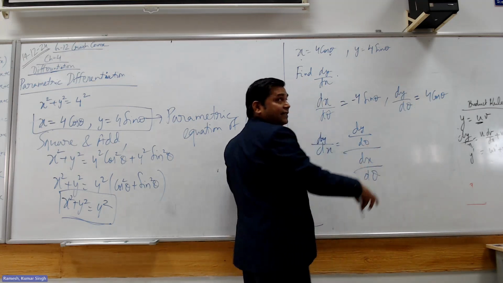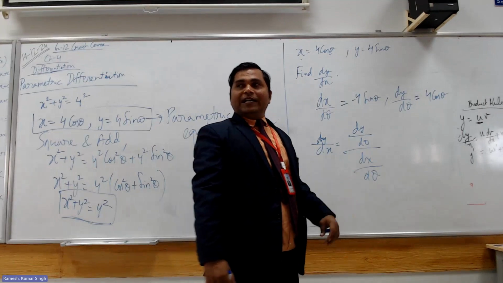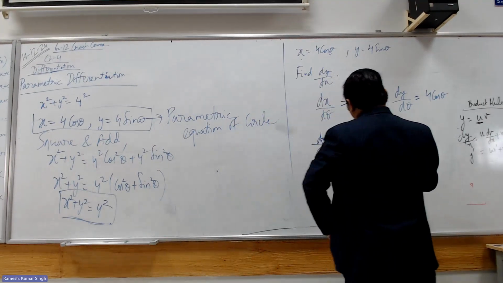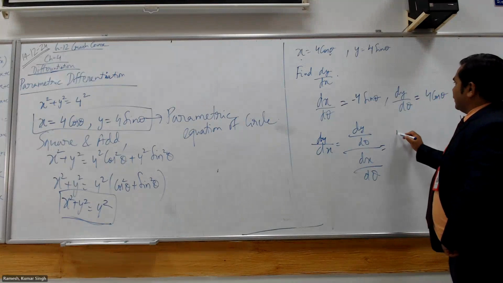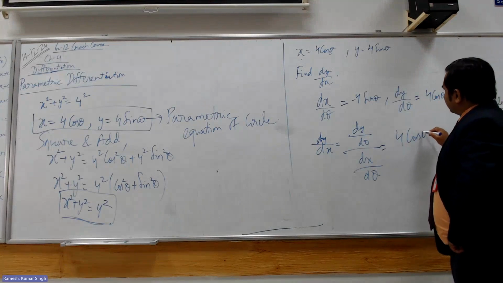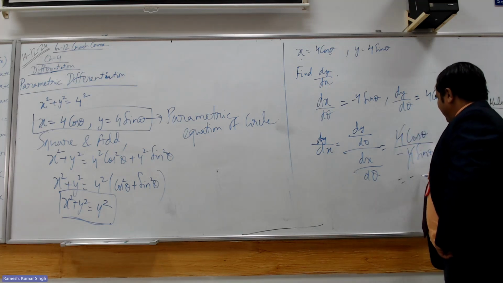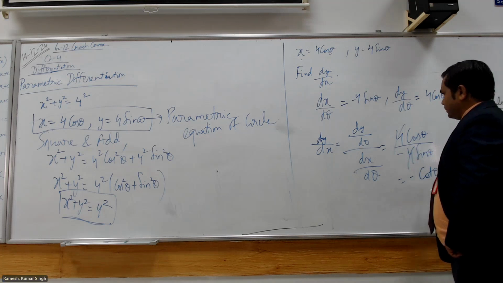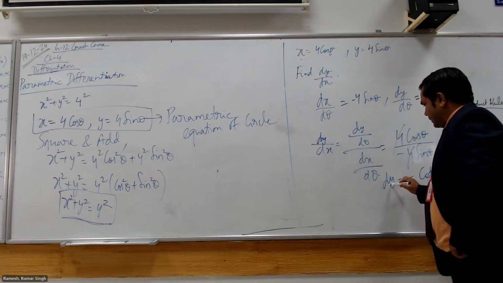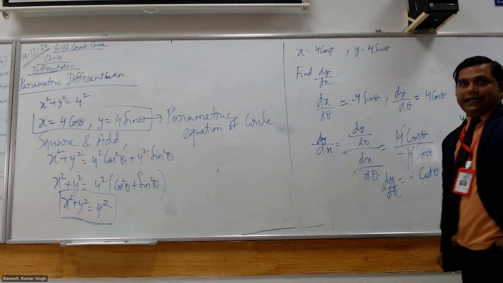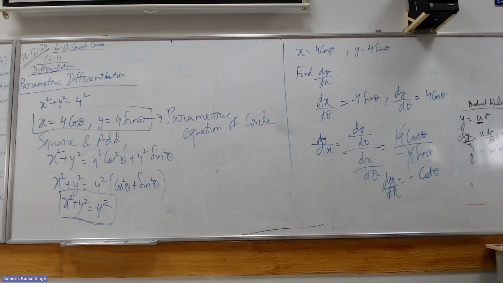Right? d theta gets cancelled. You get dy over dx. So dy over dx is gonna be 4 cos theta over negative 4 sin theta. 4 gets cancelled, negative cot theta. Is that clear?